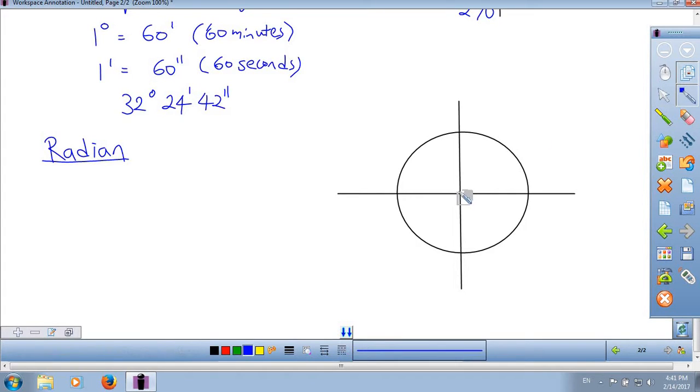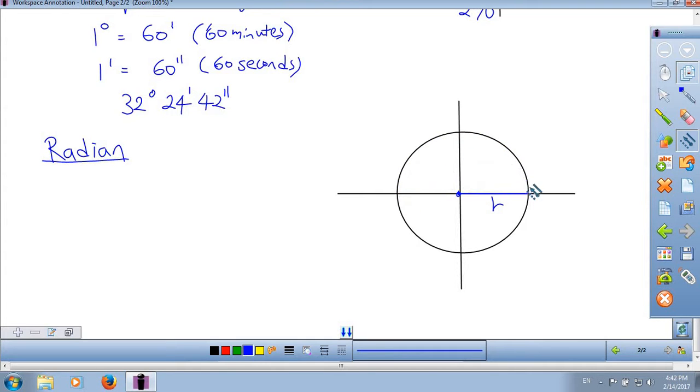So let's say this is the center, and the radius is the distance from the center to the circle. In this case, it's going to be this distance, let's call that r. Right here, r. Now imagine we're going to create an angle by rotating r along the path of the circle.